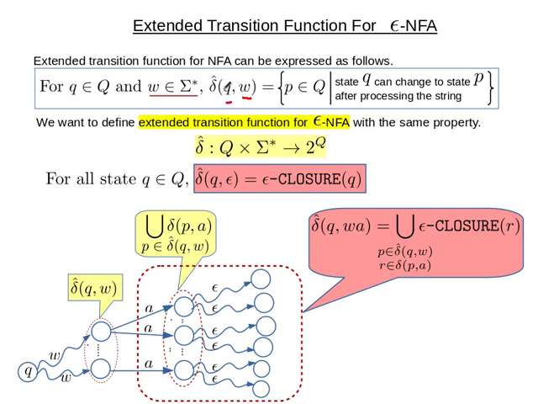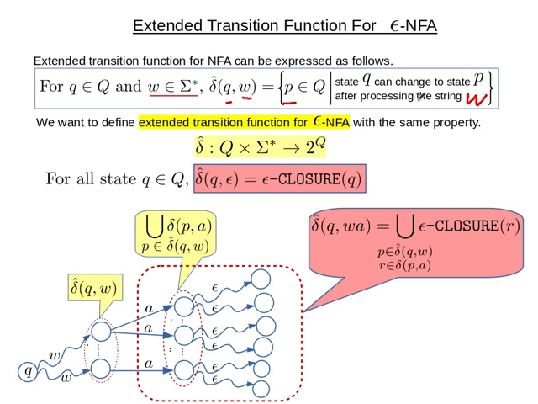You start from Q, you process this input string, and you can take many paths because we are talking about NFA, and DFA is just a special case of NFA. So consider all the paths, and then you will end up in some state at the end of that path. So you take the set of all those states which you can reach from Q after processing the string W. So I should have a W here.